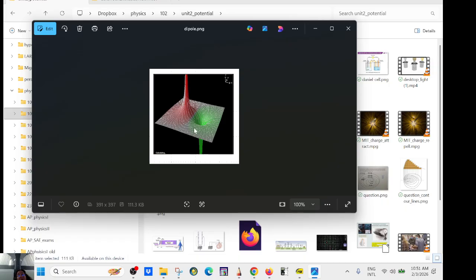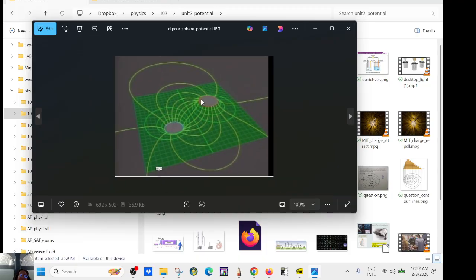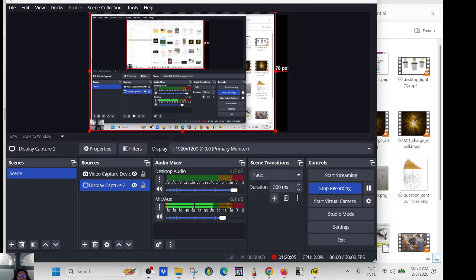This is negative potential, positive potential. Same thing here. So that will be a Van de Graaff generator, for example, negatively charged, positively charged, same potential inside. So potential doesn't change. And you're going to have something like this. There is so much you can take.